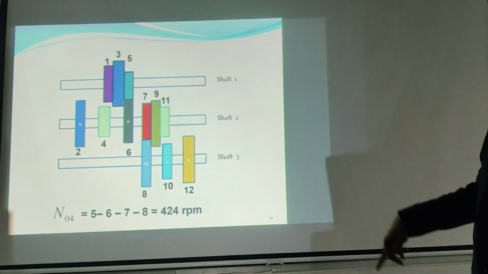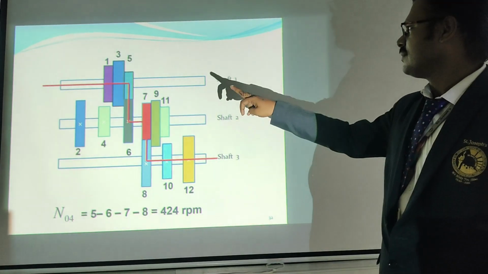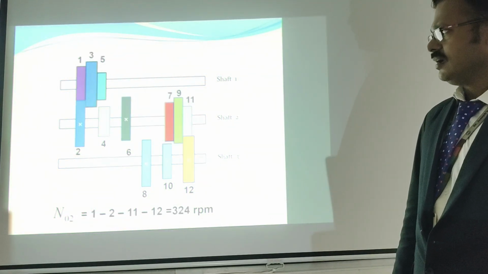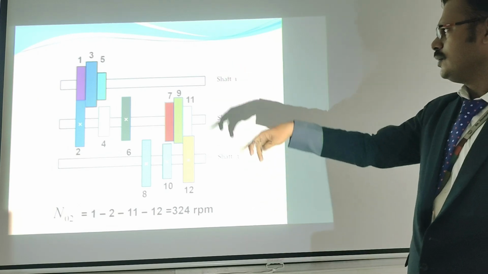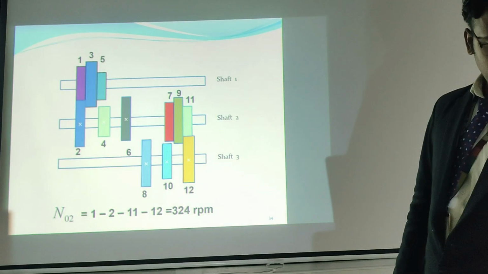So 5, 6, 11, 12, then 5, 6, 7, 8, then 5, 6, 9, 10. Then 1, 2, 11, 12, sorry.